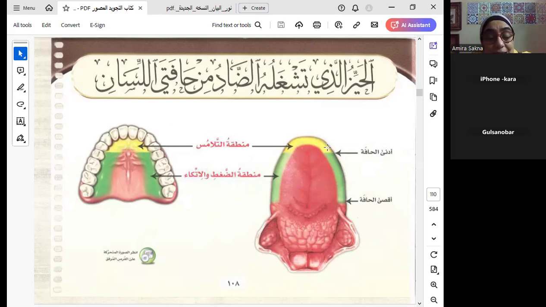We do not press here. If you press here, you are going to produce heavy dal, or dal mufakhama, and this is not correct.